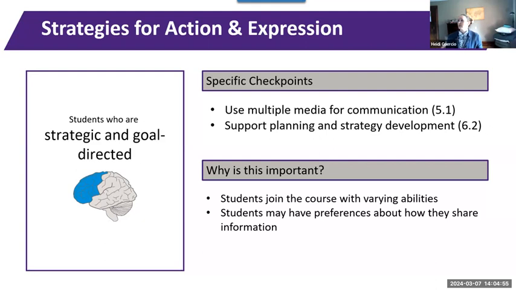A lot of students have a variety of visible or invisible disabilities or challenges to overcome. It also can help to promote flexibility to meet those needs or the preferences of a wide range of students. So we'll look at a couple of examples in a moment on how we can apply these two checkpoints in a course.